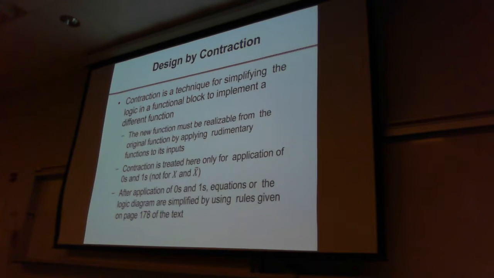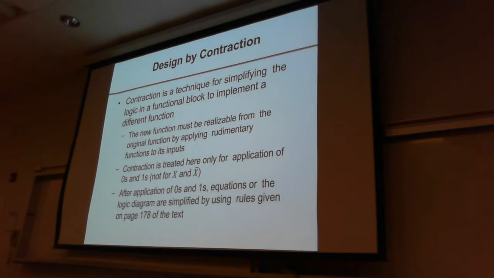Okay, so designing by contraction: I'm designing circuits and I'm coming up with basic functions. I'm doing my K-maps. I'm laying out those circuits that I need to build. I then lay them out on circuit diagrams, and now I'm looking for redundancies in my circuits using contractions to reduce any extra circuits that aren't needed, okay?